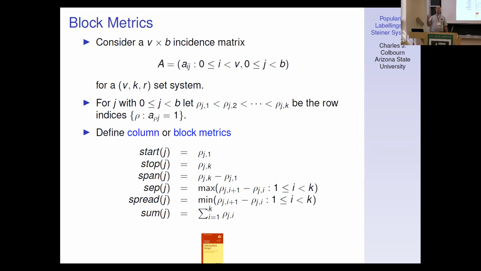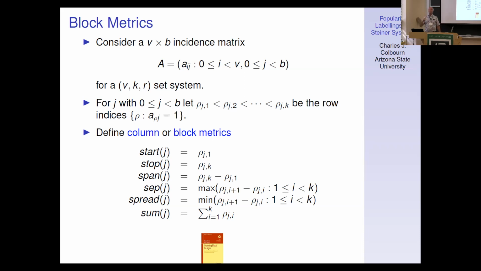And now I can say, well, what kinds of things might I look at? I might look at the first row in which it appears, the last row in which it appears, the difference between the last and the first. But also, if I look at consecutive appearances, so it appears in row 3 and in row 7, I can look at the separation between those.